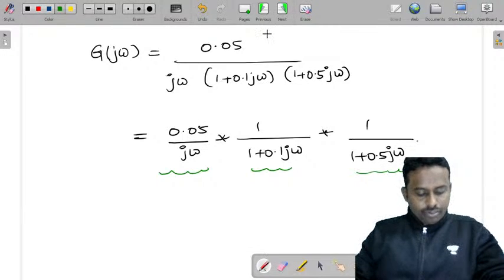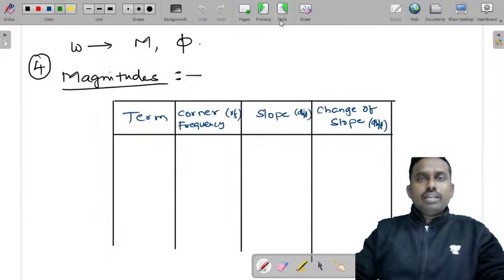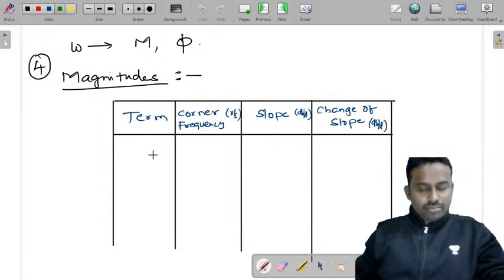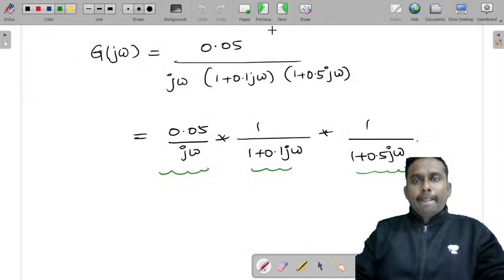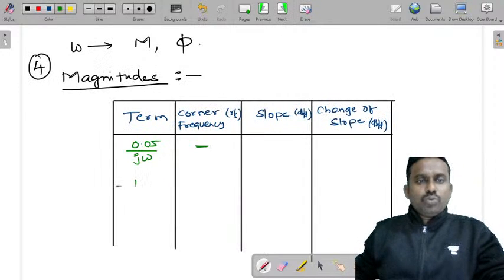Sirisha, welcome. Welcome to Unacademy and welcome to Control Systems Quick Revision. So what is the first one that you can write? 0.05 by j omega. Does it have any corner frequency? No. S equal to 0 does not make sense, that is, log 0 does not exist. Next, 1 by 1 plus j 0.5 omega.